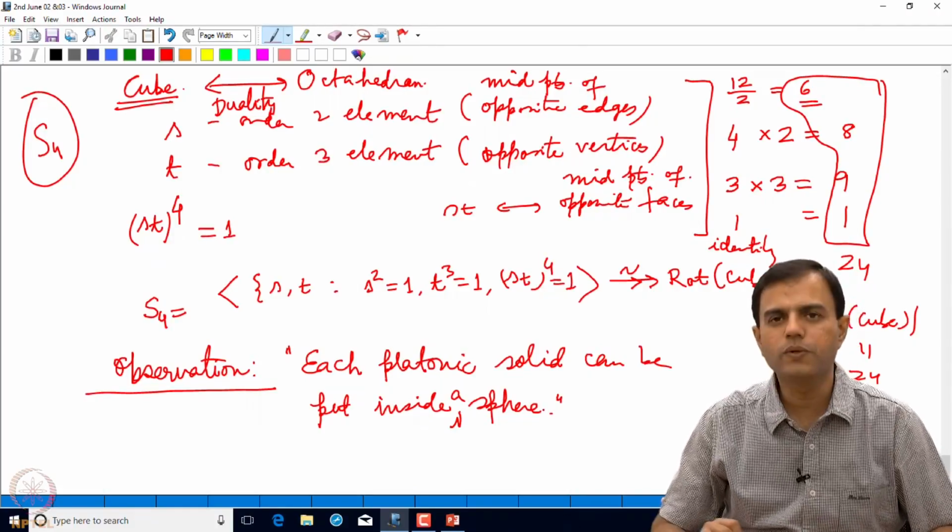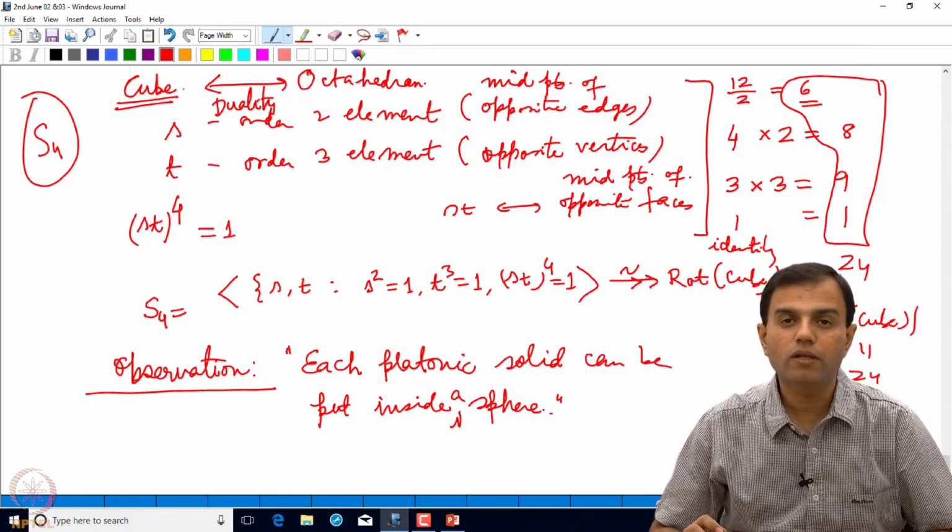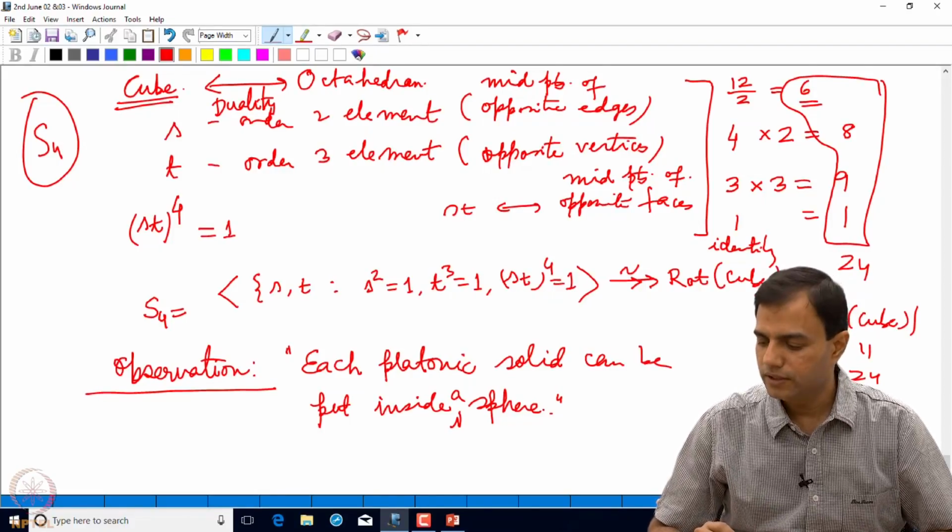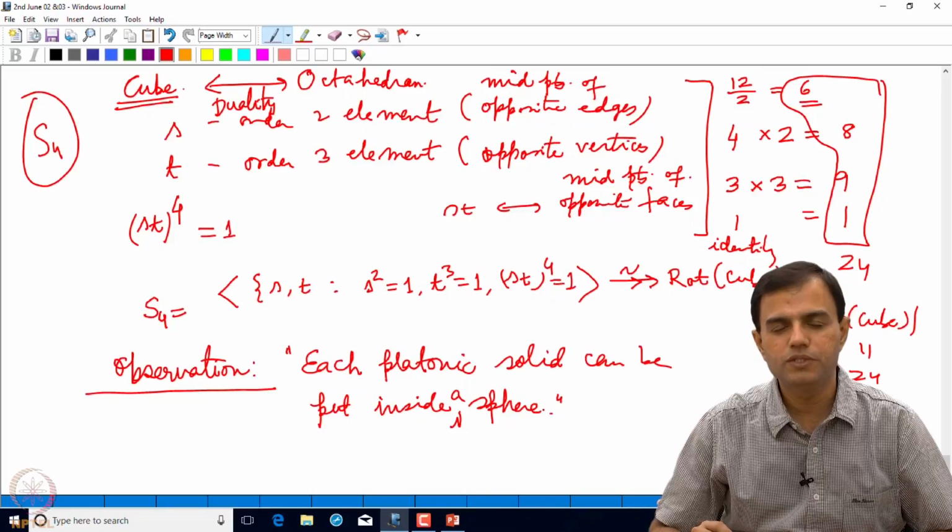And that is going to help us in determining what are all finite subgroups of SO3. So in the next lecture we are going to see all that.